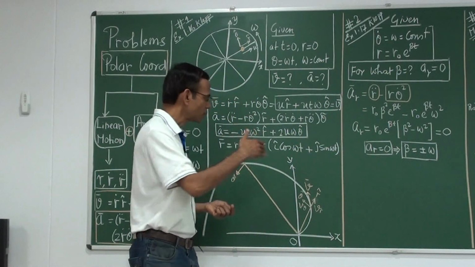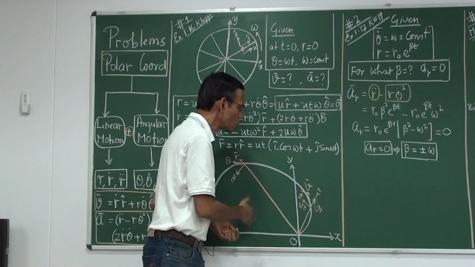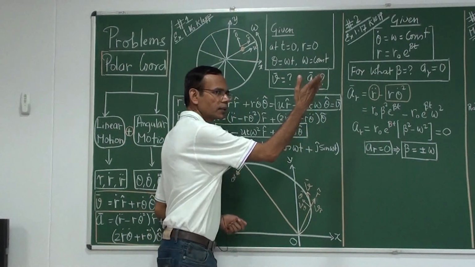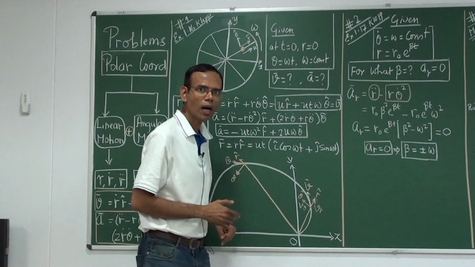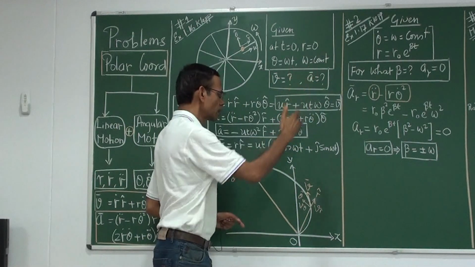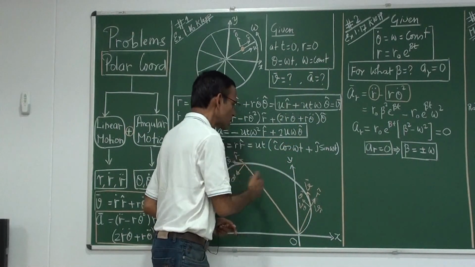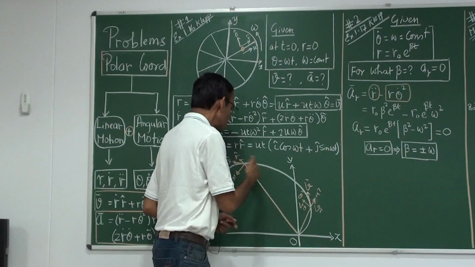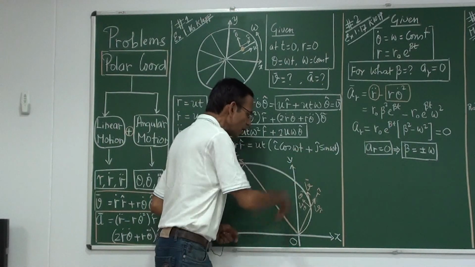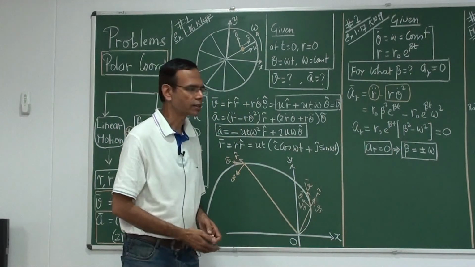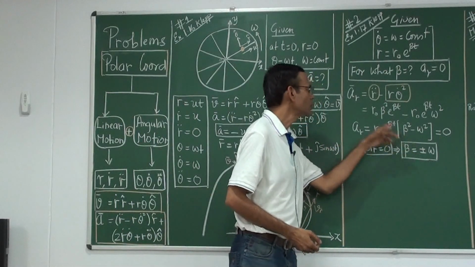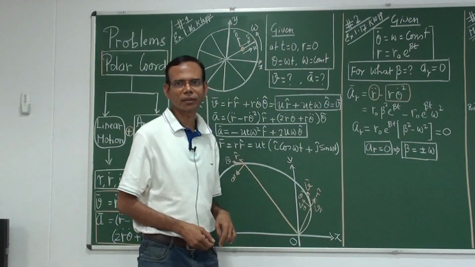Now, that acceleration is towards the center. So one acceleration is away, that is because of the changing of r away from the center, and because of the changing direction of this v theta or theta cap, the other acceleration is towards the center, and at this point both of them cancel each other.